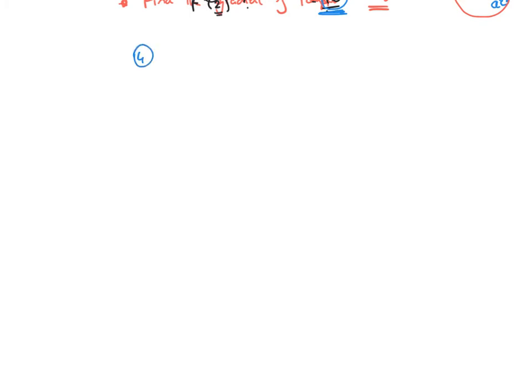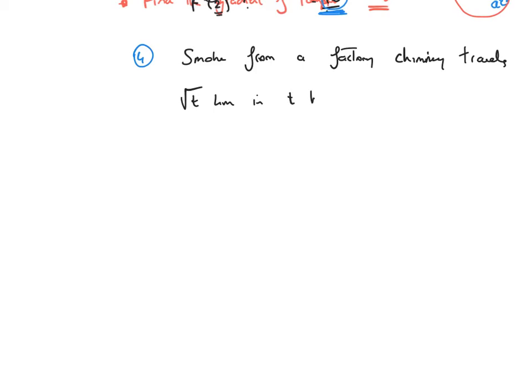Okay, example 4. Now we're going to bring in a real life context. Smoke from a factory chimney travels root T kilometres in T hours.